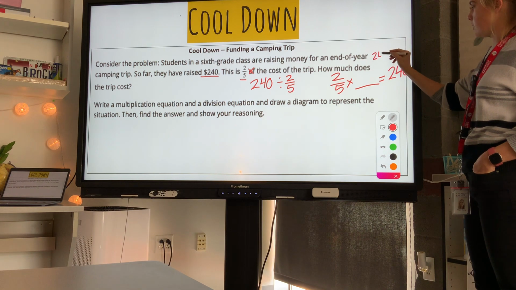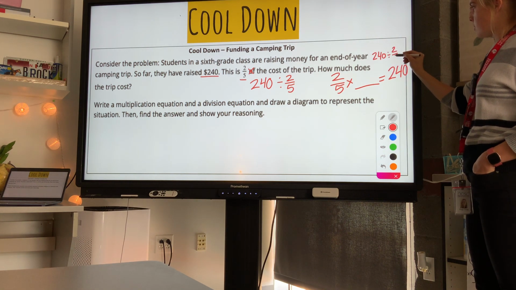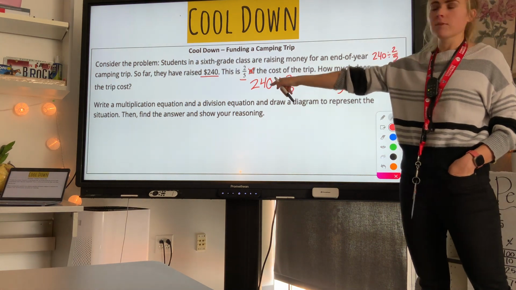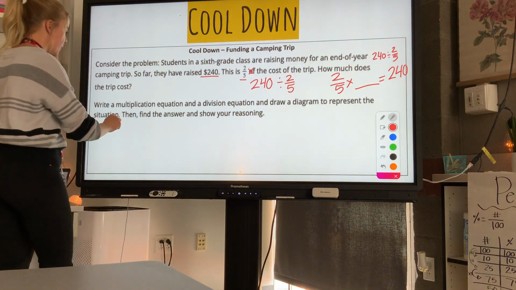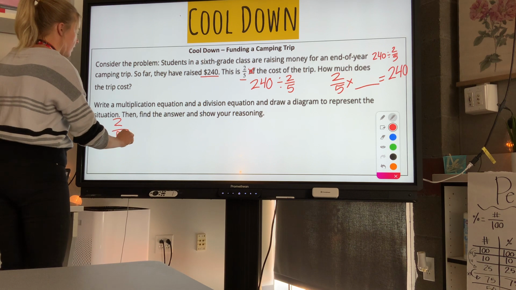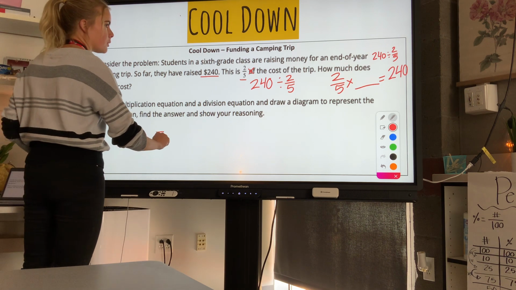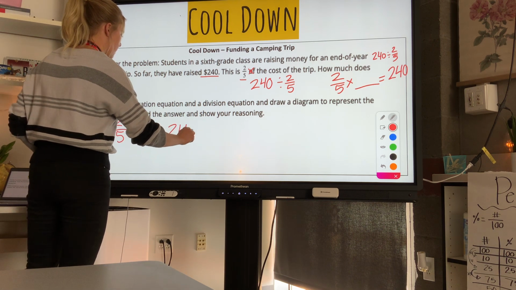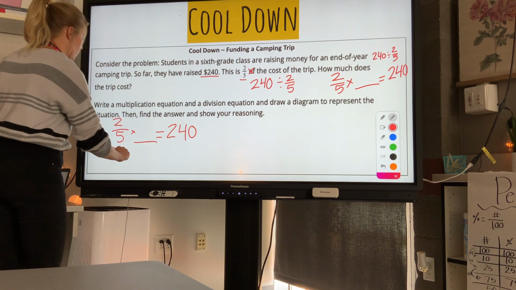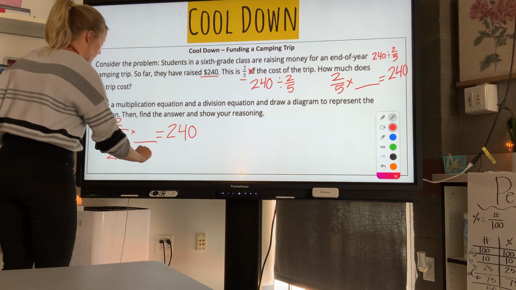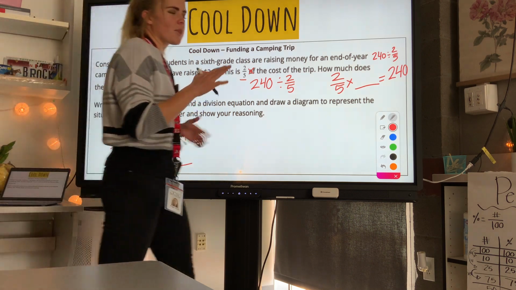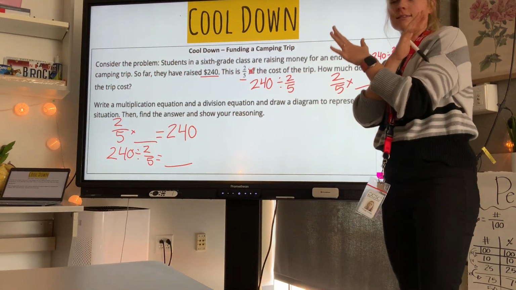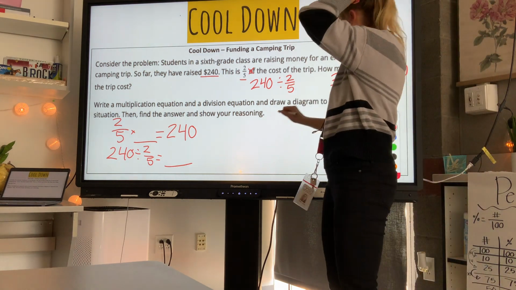So 240 divided by 2/5, which is what we're doing over here. Okay? So write a multiplication equation and a division equation. So our multiplication equation would be 2/5 times something equals 240. Our division equation would be 240 divided by 2/5 equals something. Okay? And that something, that missing part, can always be x.